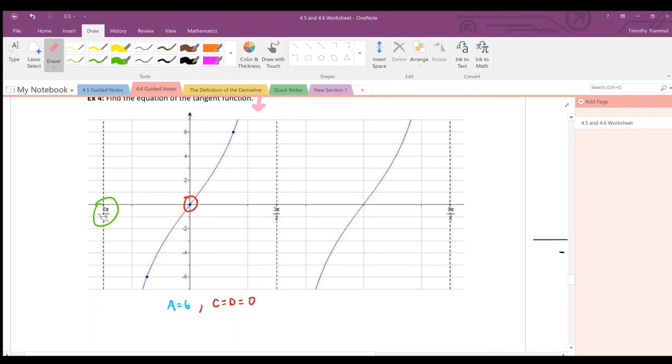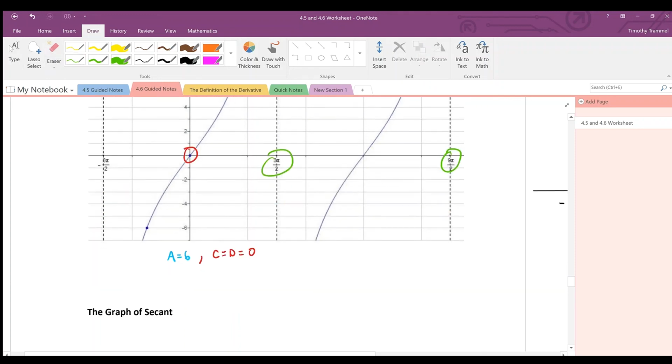And you can see this one here is actually not very easy to read, so maybe we'll use this other one. We'll use this one and this one. Let's do that. So 9 pi over 2 minus 3 pi over 2 is equal to 6 pi over 2, which is 3 pi. And so this is our period.